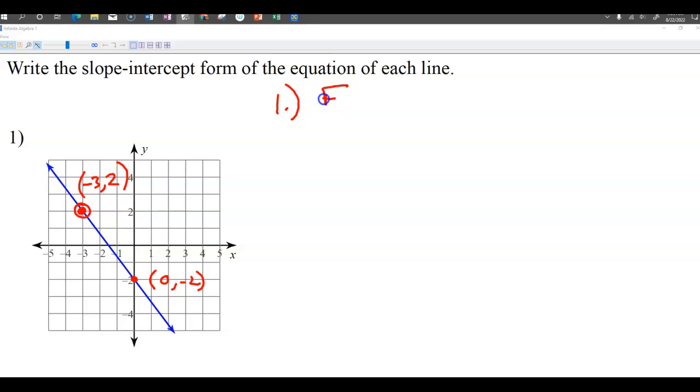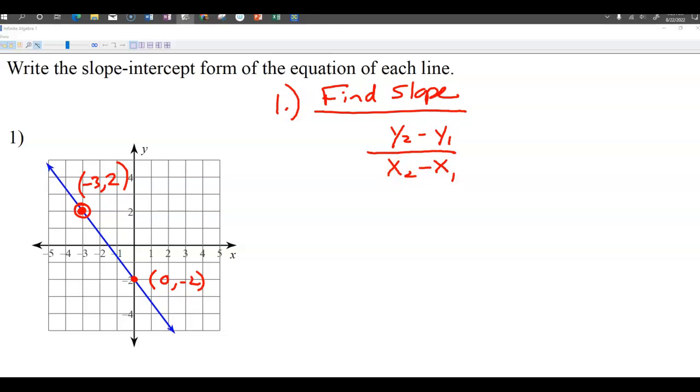That's right, we want to find our slope. And to do that, we need to do this. Which means I need to start plugging some numbers in there.